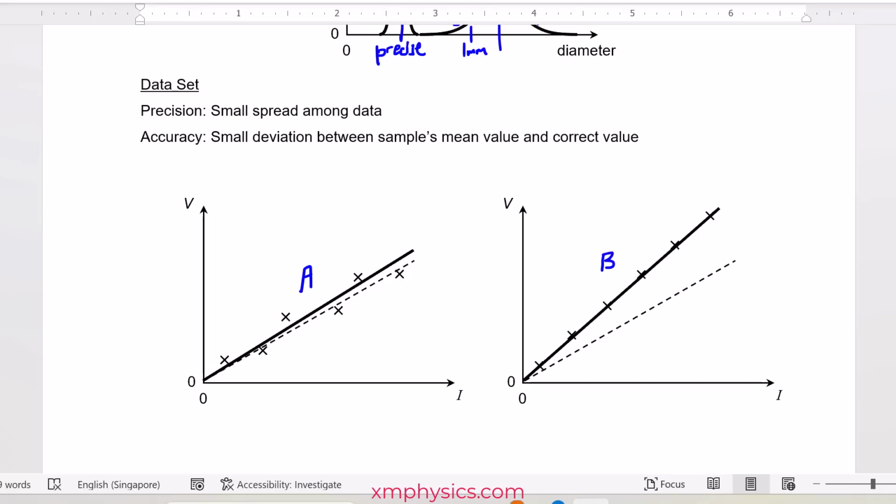More precise will definitely be student B because student B's data has practically no scatter, whereas student A's data shows considerable scatter about his best fit line. So B's data are much more precise. The best fit line is very well defined, whereas A's best fit line is somewhat ambiguous.